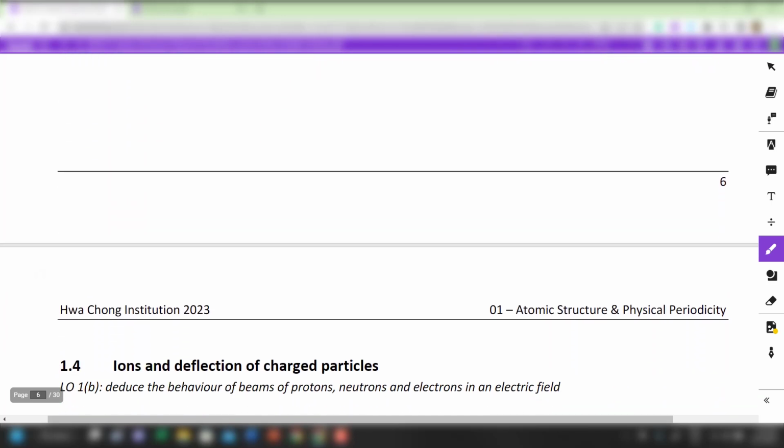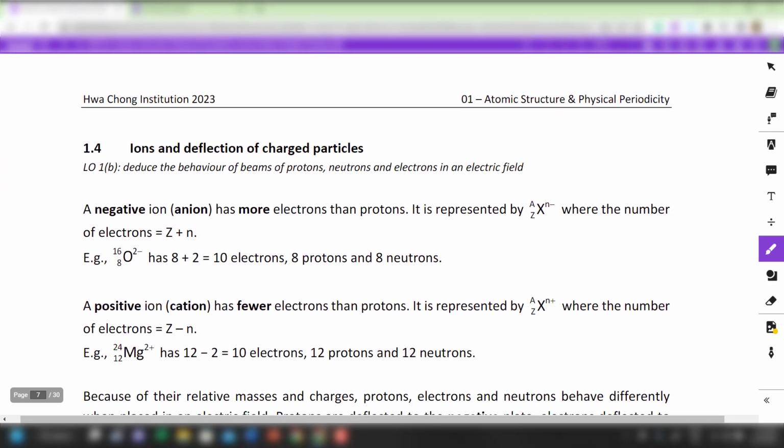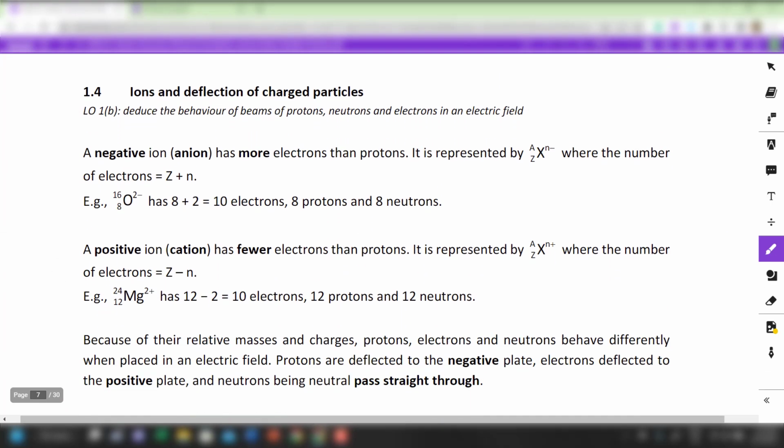Next we'll move on to section 1.4, ions and deflection of charged particles. This is new, a bit different from what you learn in secondary school, because in secondary school you do not need to do any of these calculations. Negatively charged ions have more electrons than protons.